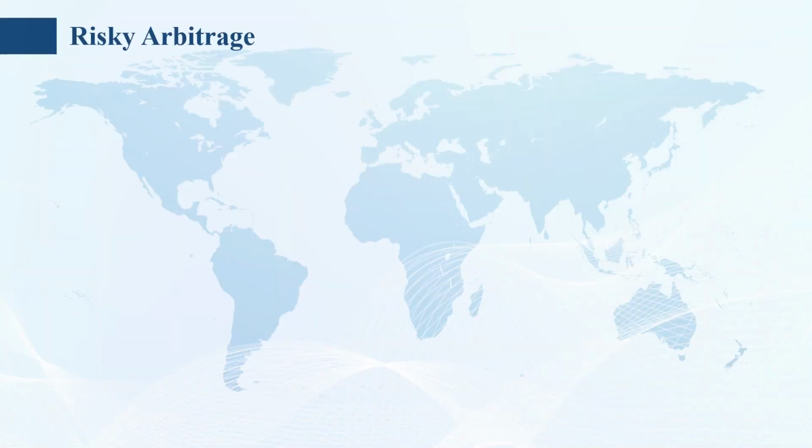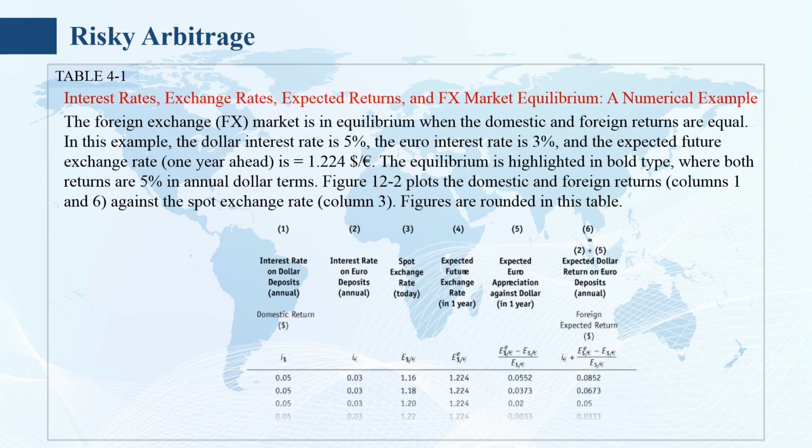To get familiar with the concepts we have just studied, let's work through a numerical example to show how equilibrium in the forex market is determined. Suppose that the current European interest rate i euros is 3% and the current US interest rate i dollars is 5%.